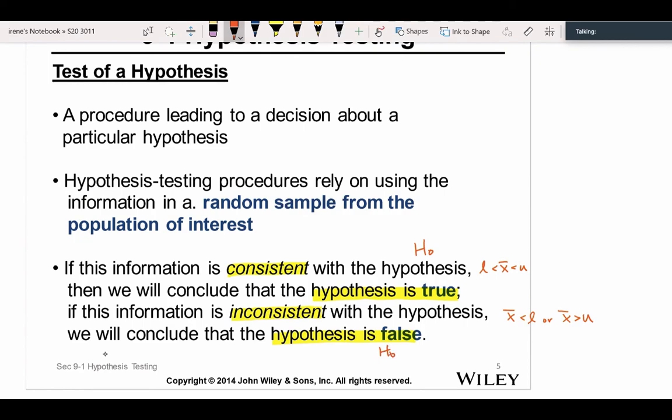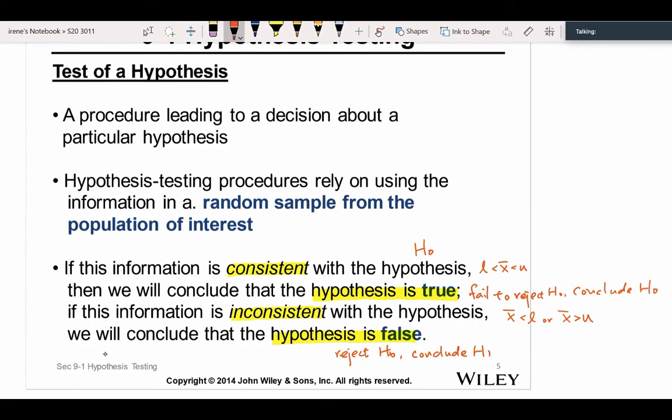If that's the case, we believe H0 is false. H0 is false, so we reject H0, conclude H1. Over here, we fail to reject H0, conclude H0.